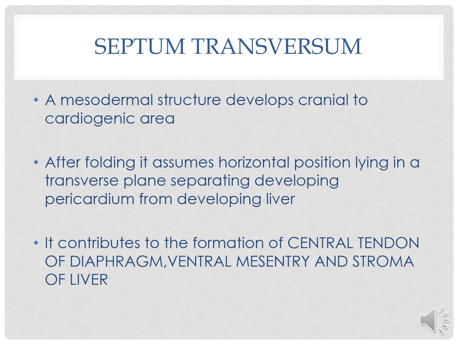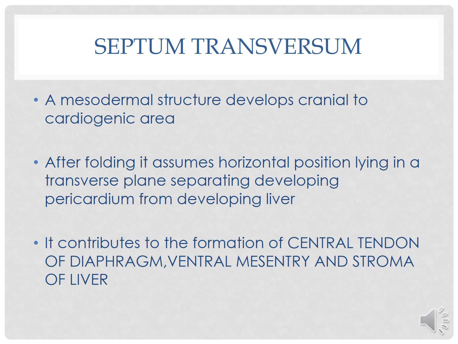Now, as its name suggests, the septum transversum lies in a transverse plane, and it separates the developing pericardium from the developing liver below. But it does not extend till the dorsal body wall. It stops somewhere in front of the dorsal body wall, and it partially separates the pleural and the peritoneal cavity.